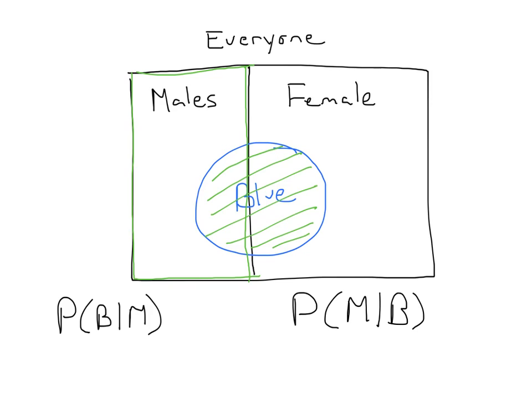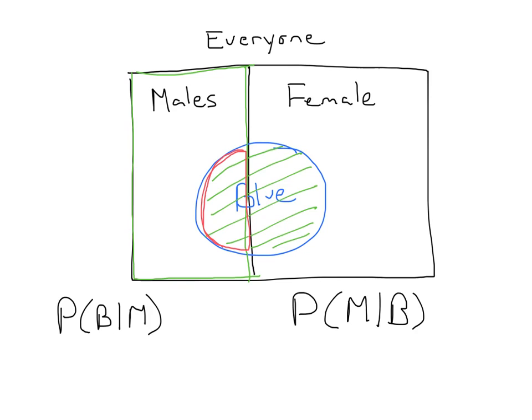All right? And I'm saying, what's the probability that you land here, given that you're inside that blue circle? So there's three things going on here: males, females, and blue eyes.